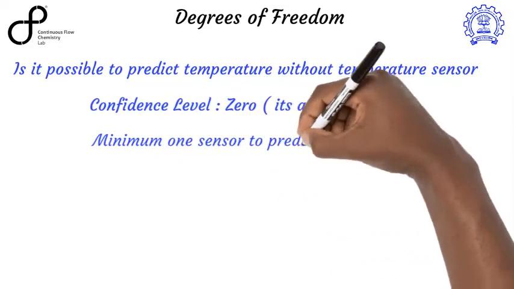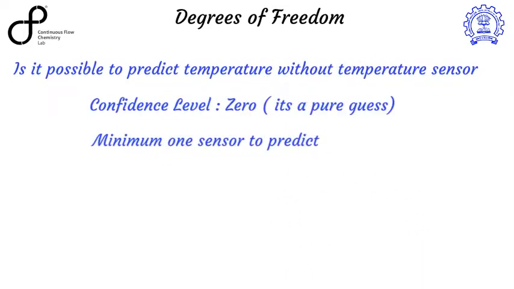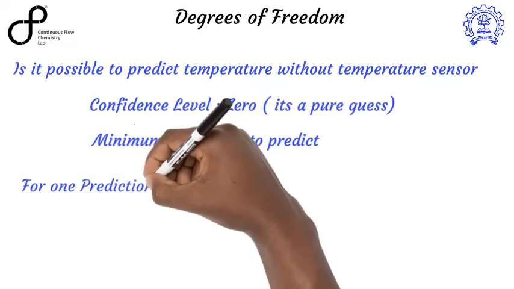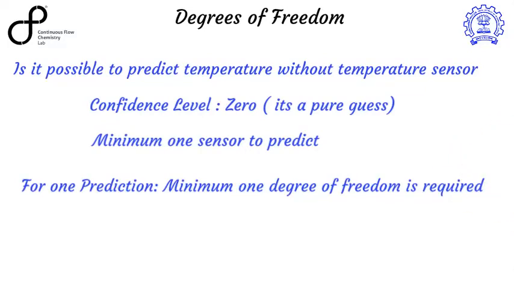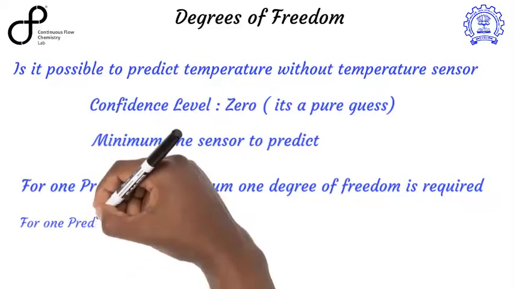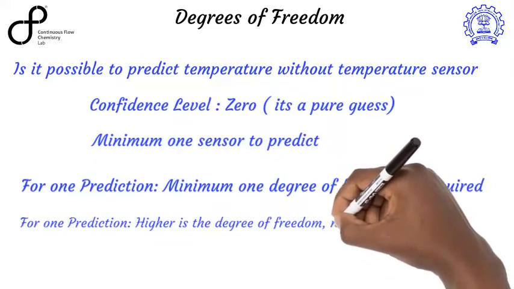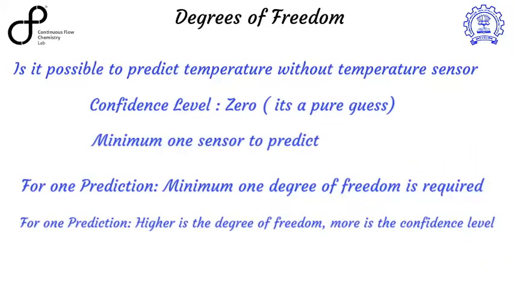Of course, higher the number of sensors, more is the confidence level. In other words, you need at least one experiment, which is measuring temperature here, using a sensor to predict temperature. Or, minimum of 1 degree of freedom is required for any prediction. The confidence in our prediction increases as the degrees of freedom increases.